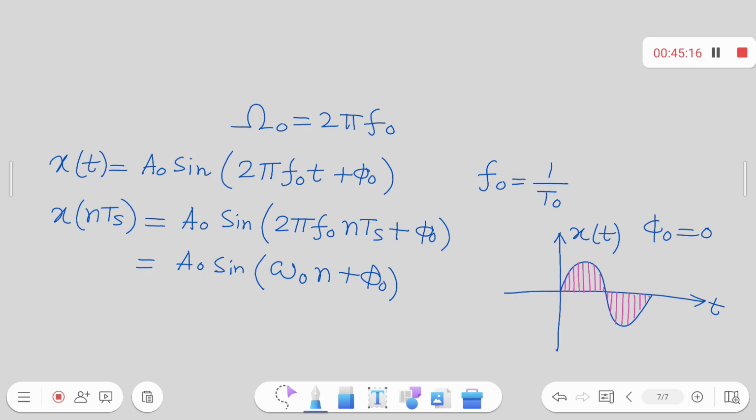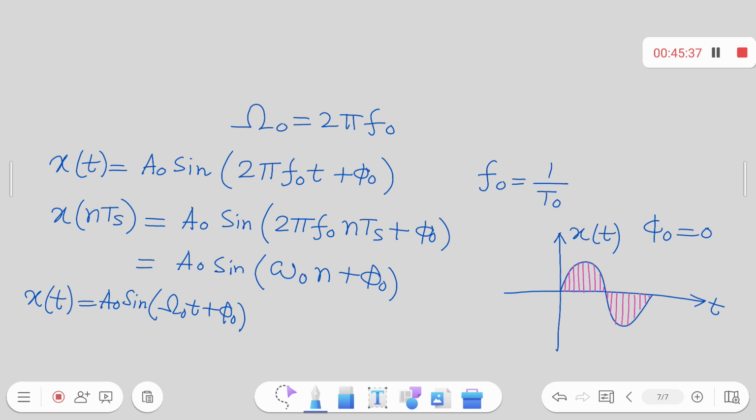In the continuous domain, you have x of t equal to A naught sine capital omega naught t plus phi naught. The discrete equivalent is A naught sine small omega naught n plus phi naught.